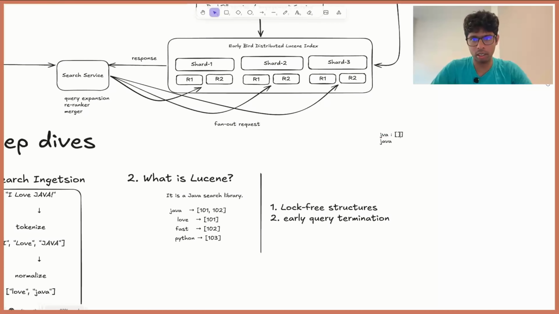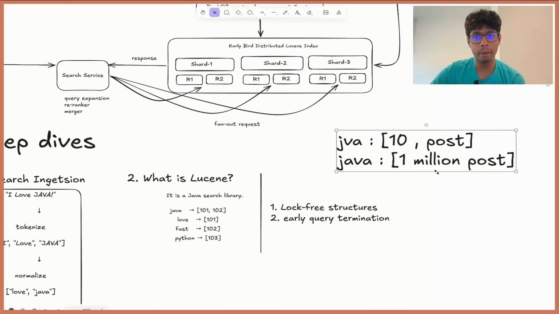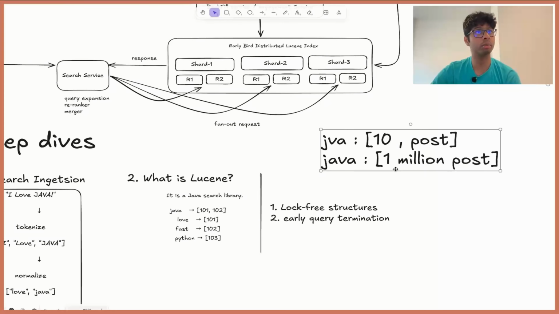Let's say there are 10 posts for JVA, and for Java there are 1 million posts. This is also an important point to consider, and that's why we are doing it before the ranking.